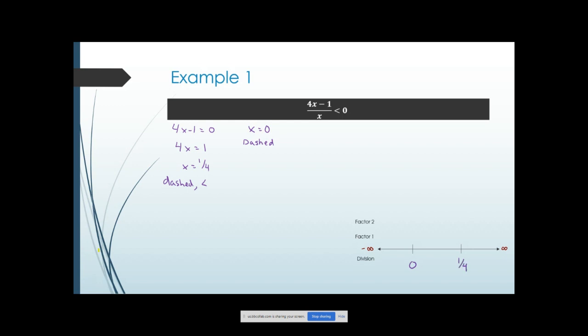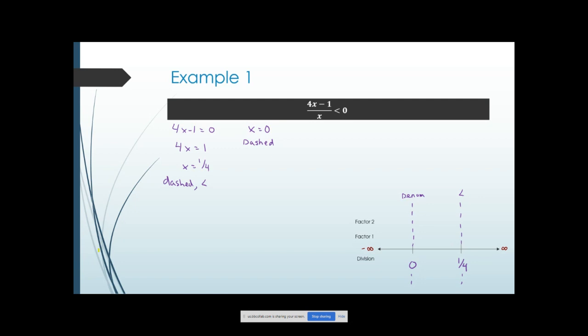And both of these are going to have dashed lines, one of them because it's in the denominator, and one of them because of the less than. And then I'm going to just write denominator, so you know which one goes with which. So the 0 came from the denominator, so that one's dashed. The 1/4 came from the numerator. It gets the symbol, the less than, so that one's dashed.